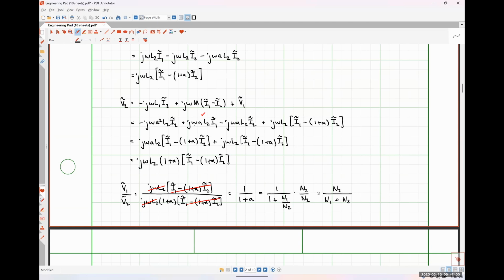So this is how our voltages are related in this step up transformer. Okay. And this is going to be the same thing as the ratio of our current I2 to I1 based on a simple power analysis.